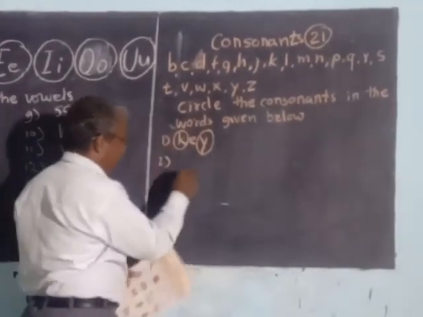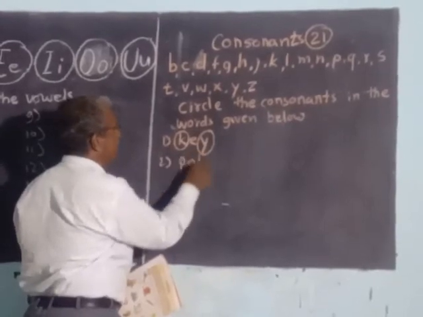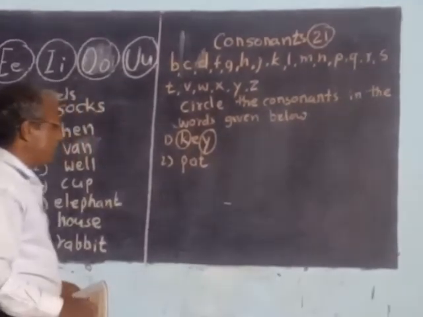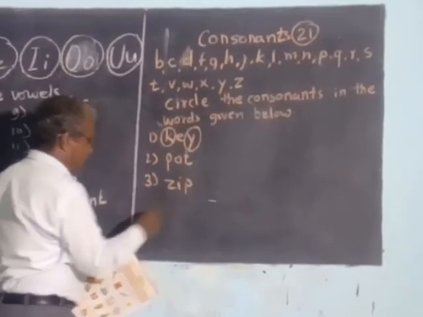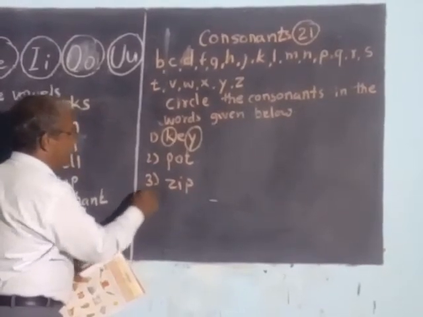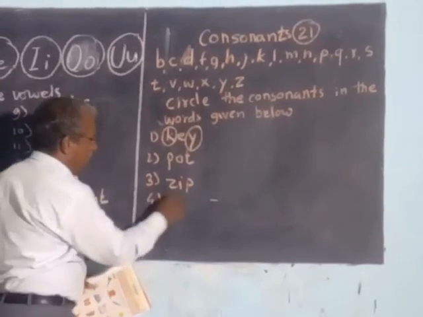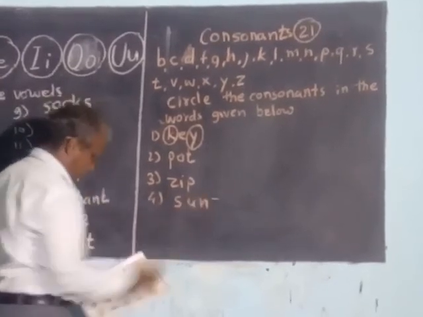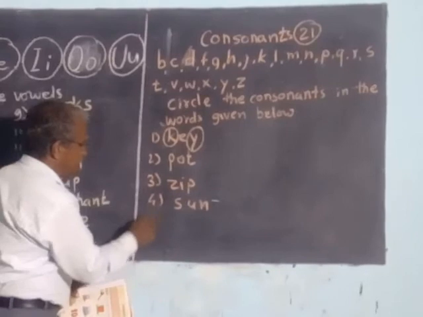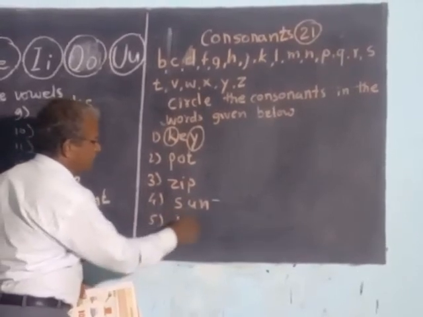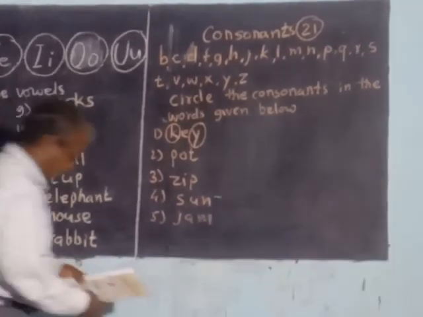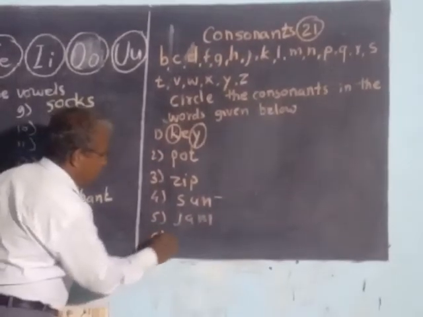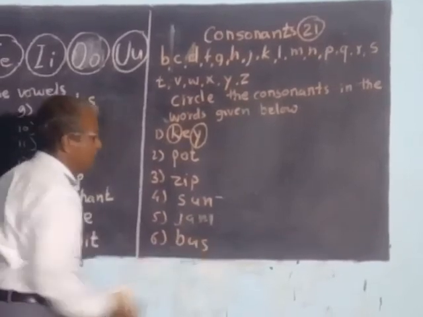Second example. The word is spot. Find out the consonants and circle them. Jeep. Sun. Jam. Bus.